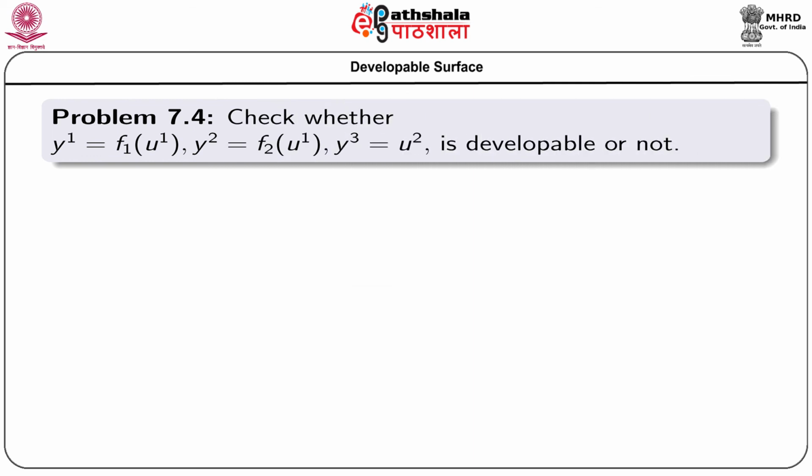Now, let us check whether this given surface is developable or not. y1 is given as a function of u1, y2 is also a function of u1, and y3 is equal to u2. This is an arbitrary surface. So, we are checking whether it is developable or not.